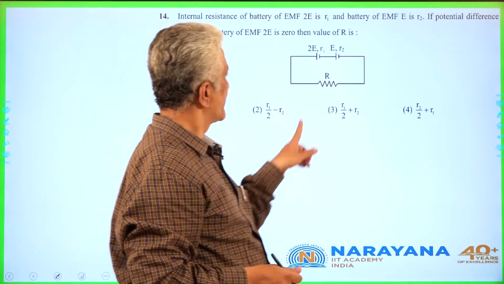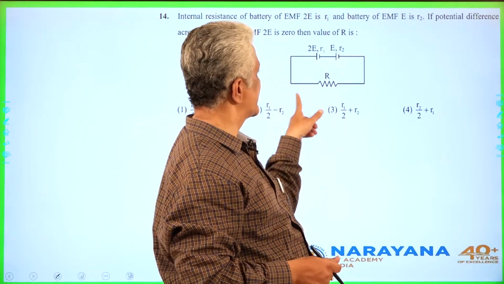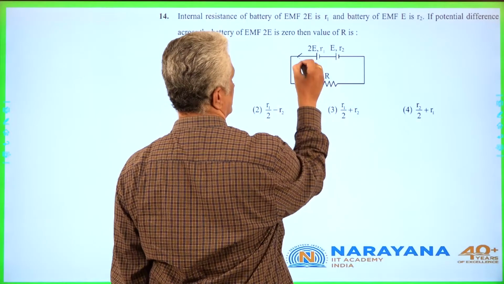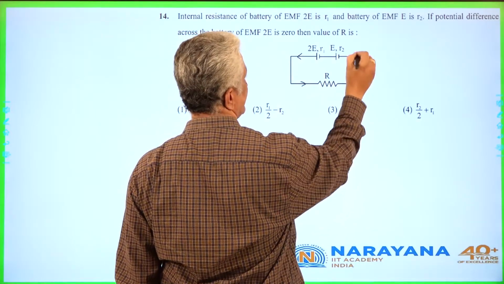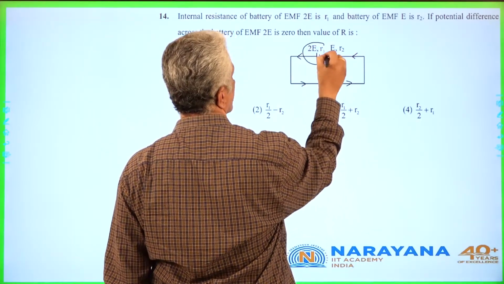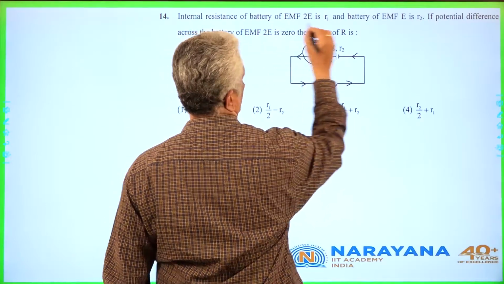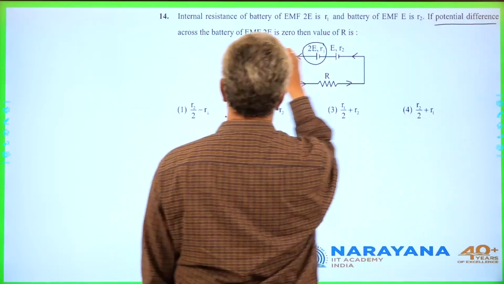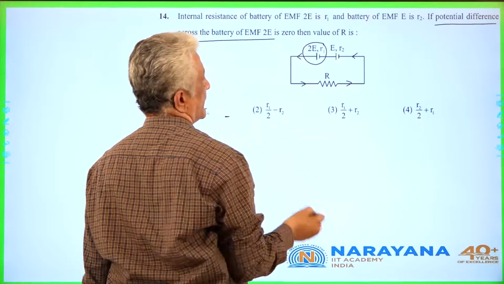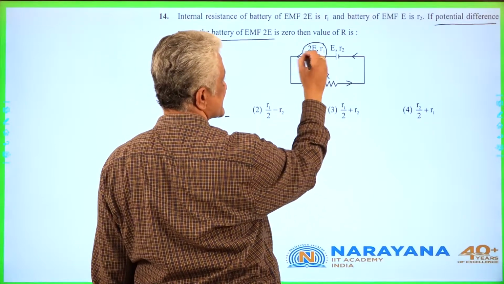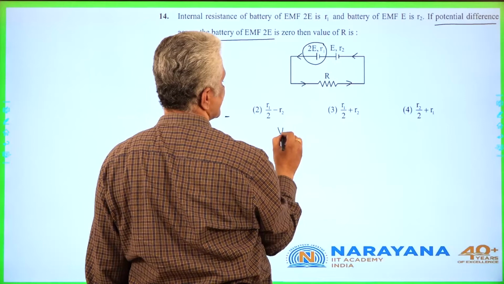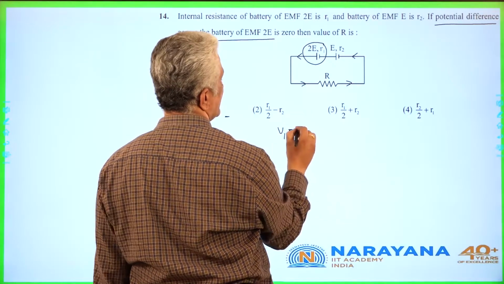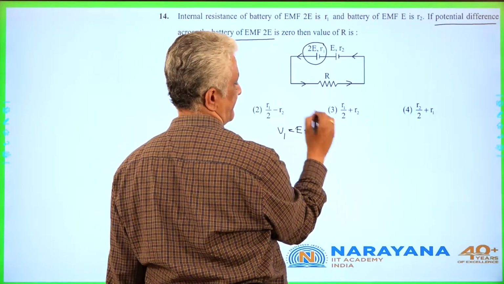Fourteenth one, simple. When current is flowing through the circuit like this, automatically across the battery we have a quantity called potential difference, otherwise called terminal voltage. As this is discharging, that potential difference V1 will be E minus IR, the general form.